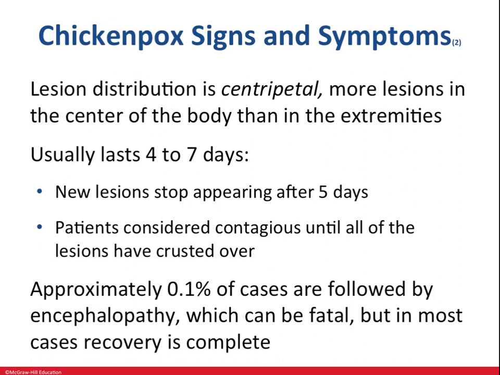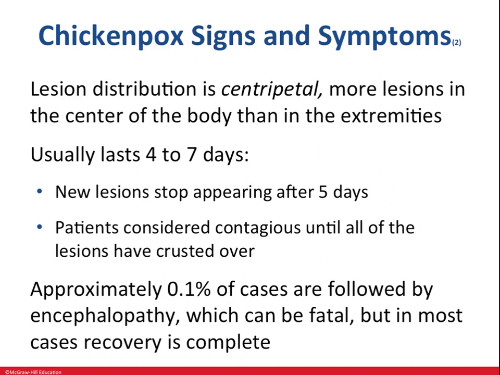The lesion distribution is a central pattern. Most rashes exist on the trunk, and it is relatively rare in the extremities. It can last 4 to 7 days.